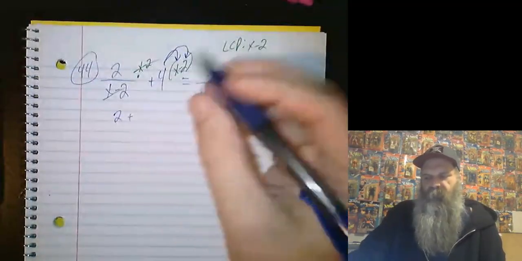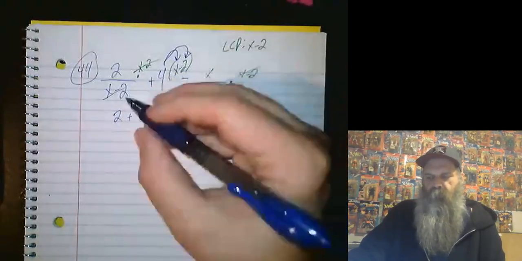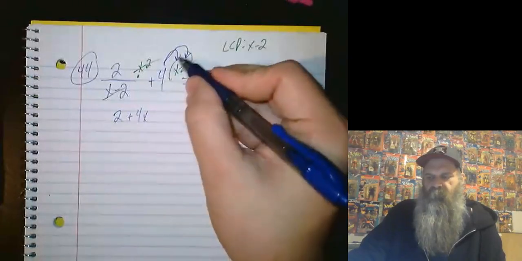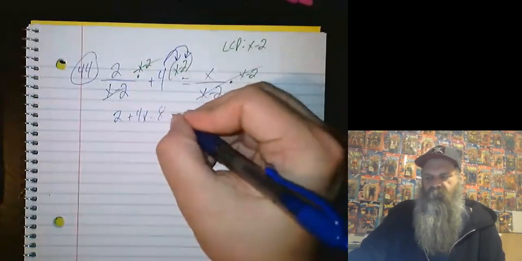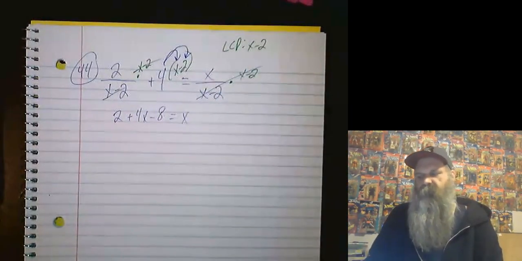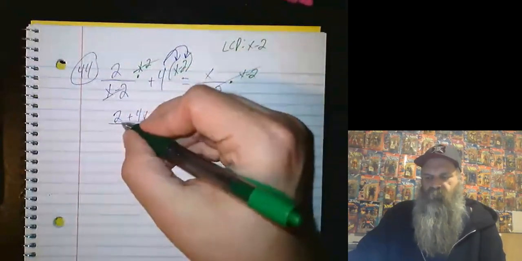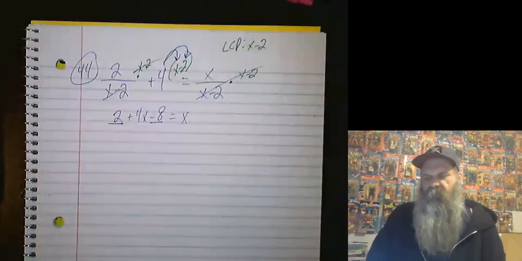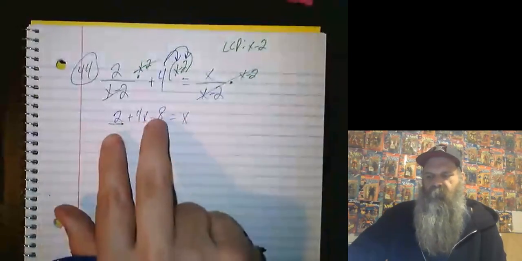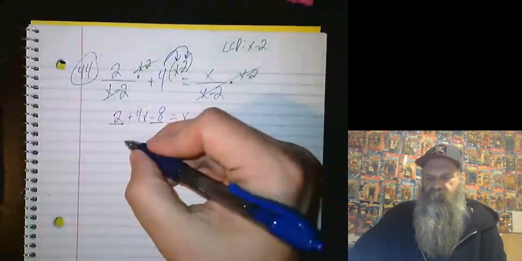And now we just have the 2 over there. And then we have plus 4 times x minus 2, which is 4x. 4 times negative 2 is negative 8. And this equals just the x. So now we're just solving a basic equation. We have a 2 and a negative 8 on the left side. 2 minus 8 is negative 6.